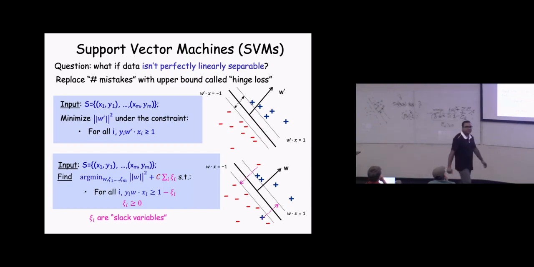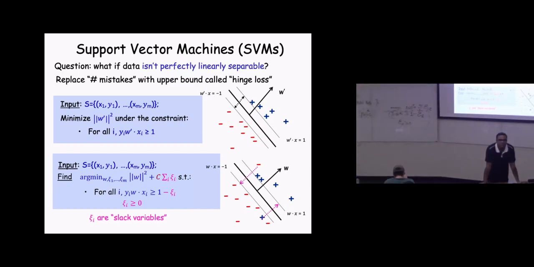Yes? Why, if these points are not linearly separable, why do we want to at least try to make a linear separator? Why not a separator that's a different shape? Why are we wanting to make it linear?